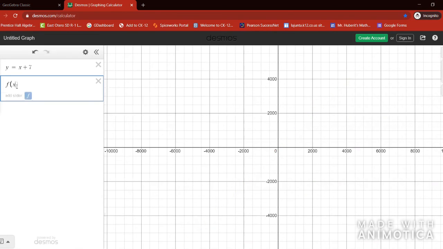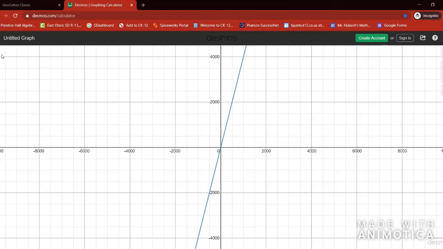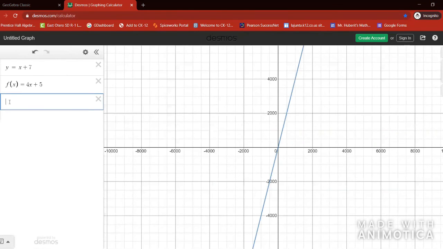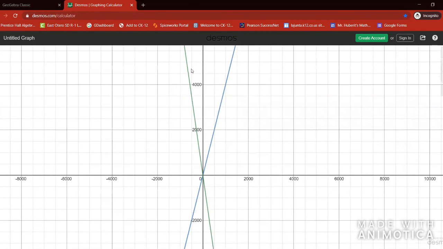It obviously shows me a straight line again. Let's try another. f of x is the same as y, so I can use any of those. I am going to use negative 7x, let's just say minus 10. And yes, again, I still have a straight line.